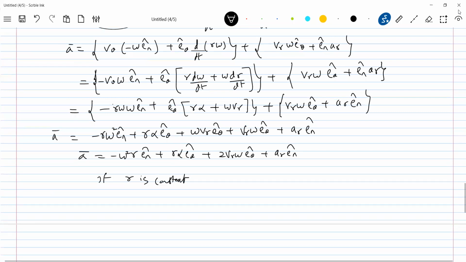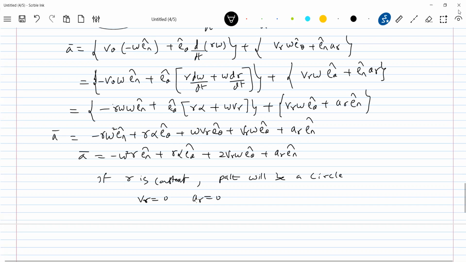First let me put r constant. If r is constant, what is the path? The path will be a circle. Clear? So if r is constant, then what is Vr? It will be 0. If Vr is 0, then AR will be 0.